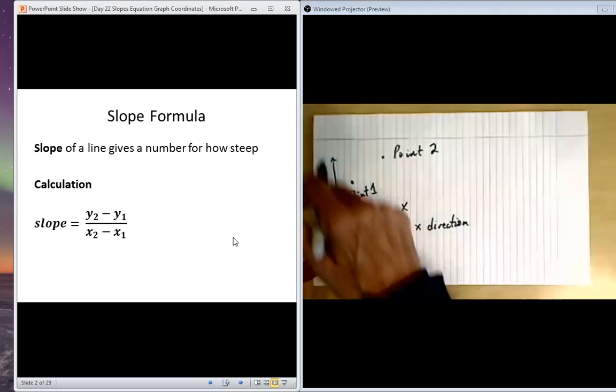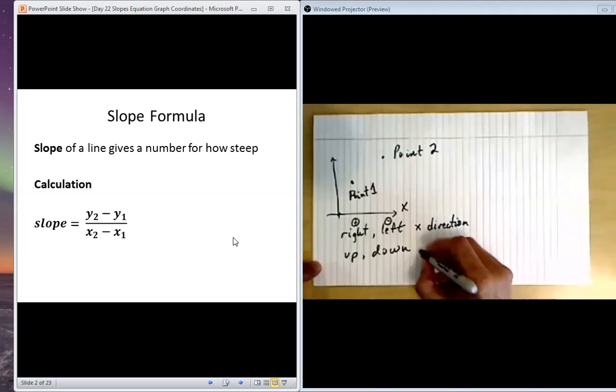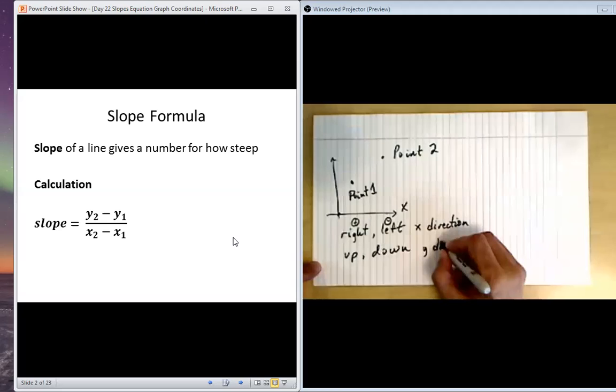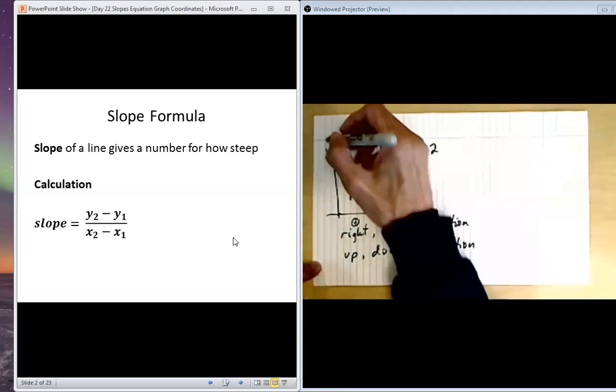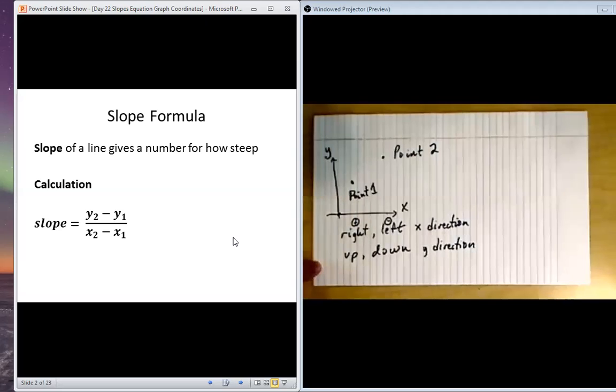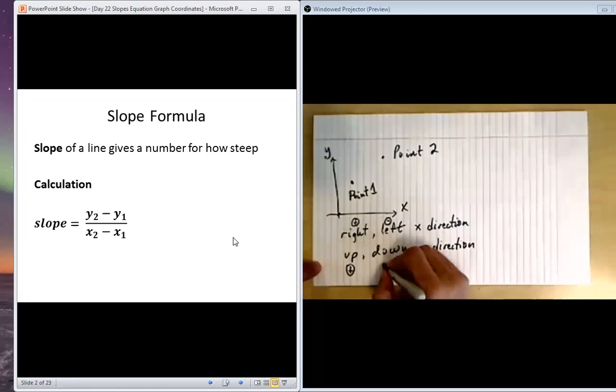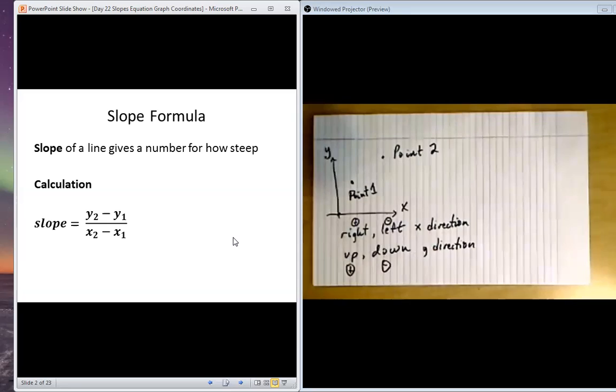If we're going up and down, this is in the y direction. So that's the y-axis. Okay, if we go up, it's positive. Go down, it's minus. Yeah, negative. We got it. And I'll show you this in a couple slides.